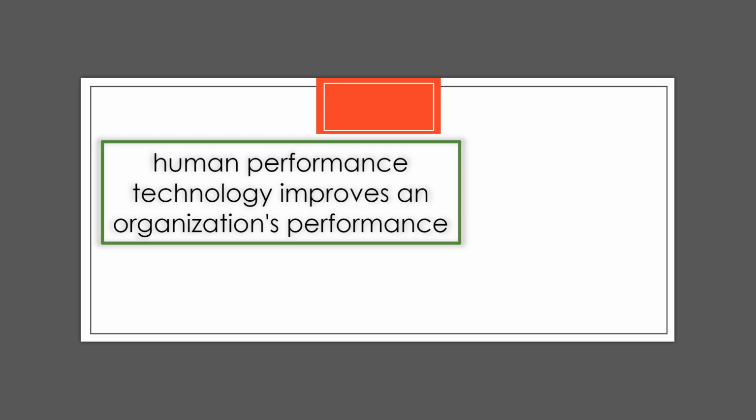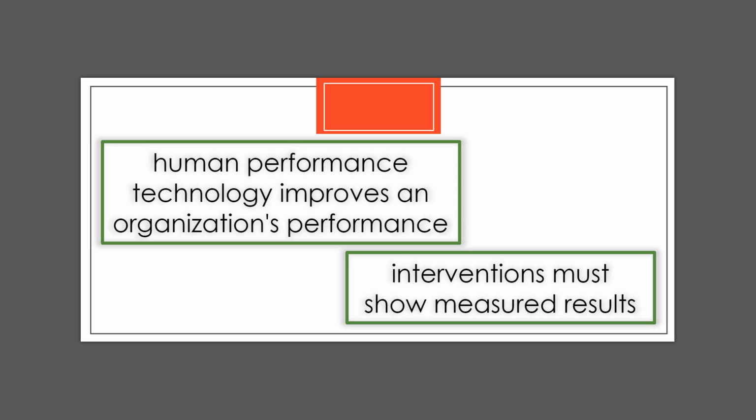These definitions agree that human performance technology improves an organization's performance, with the latter adding specificity to the concept of interventions by qualifying that an intervention must show measured results.